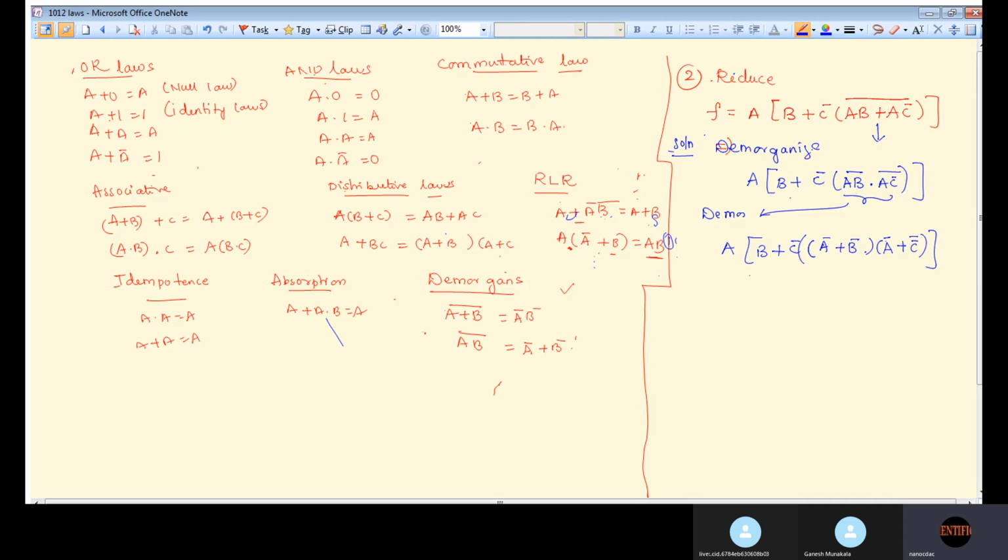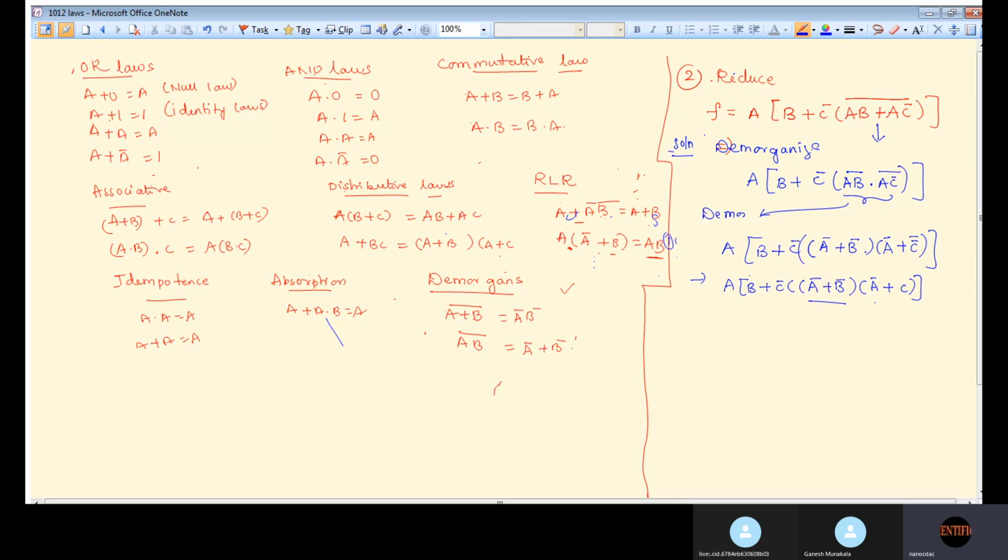So we can simplify and write this as A B plus C complement, A complement plus B complement, A complement plus C complement whole complement will be equal to C.